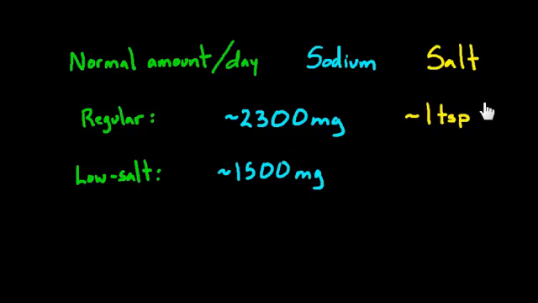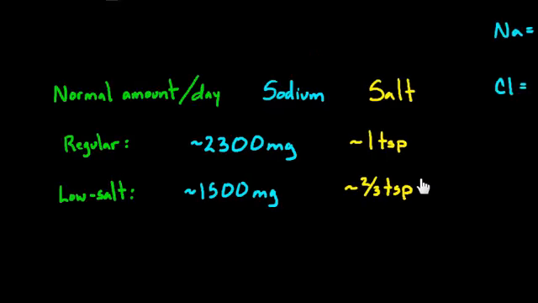And on a low salt diet, you're recommended to have no more than about 1,500 milligrams of sodium. And if 1 teaspoon equals 2,400 milligrams of sodium, then 1,500 is about 2/3 of it. So that's about 2/3 of a teaspoon of salt.